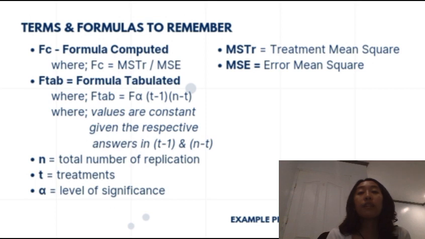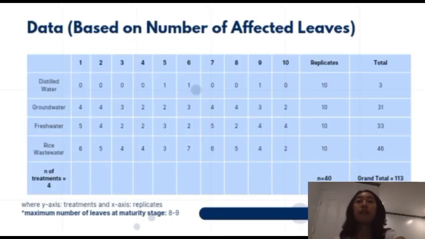Since we have to find the F tab, let's go to the next slide. But before anything else, of course, we need to show the data from which we will compute the CRD. We have the 4 treatments, which are distilled water, groundwater, fresh water, and rice water, indicated on the y-axis, and on the x-axis are our replicates.